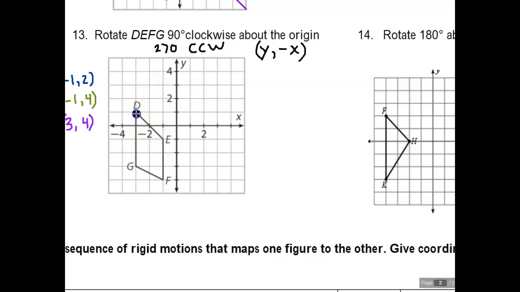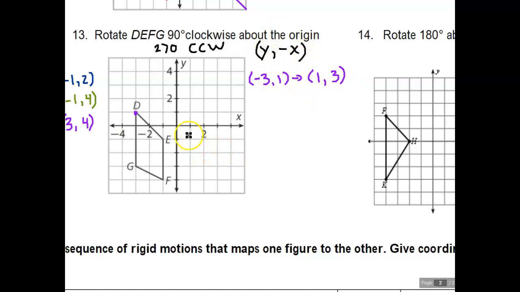Let's see. D, it looks like it's negative 3 comma 1. Okay, so that's going to be 1 comma positive 3. Double check that. 3.